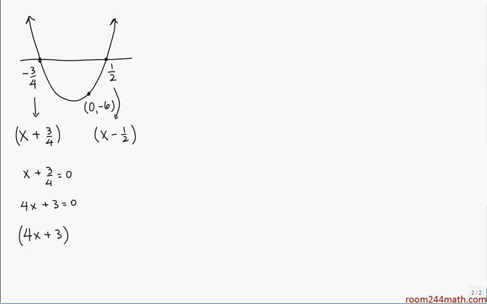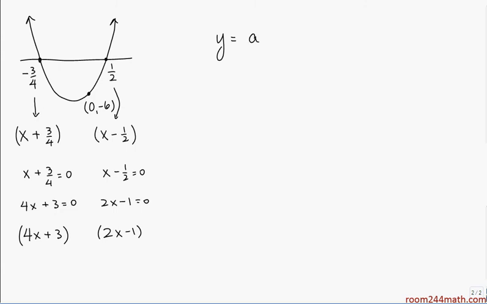So we could use that as our factor, 4x plus 3, instead of x plus 3/4. And same thing with x minus a half. If you think of the equation x minus a half equal to 0, multiply both sides by 2, you get 2x minus 1 equals 0. So 2x minus 1 would be a perfectly acceptable factor as well, because it would yield the same root of a half. And it's usually easier to work with these factors that have integer coefficients.